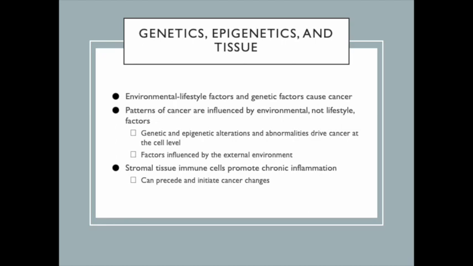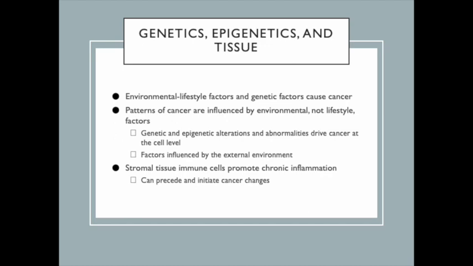Now, moving on to the stromal tissue immune cells. Think about the development and the progression can involve the microenvironment, or what we call the stroma, of the cell. And the microenvironment participates in complex signaling processes that facilitate the promotion of tumors.